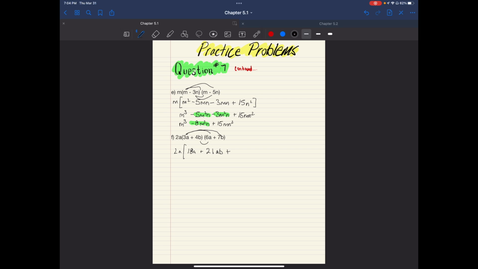6 times 4 is 24ab. 4 times 7 is 28b squared. And now simplifying, we get 36a squared.